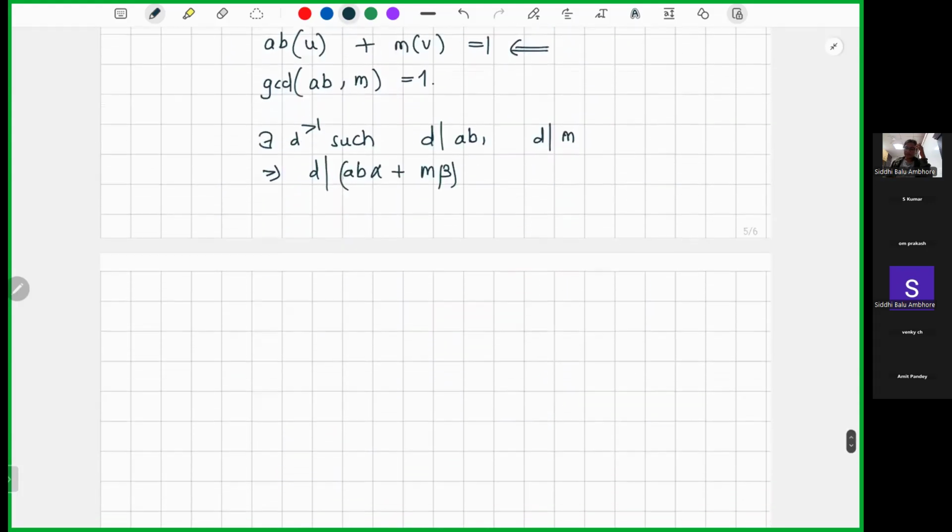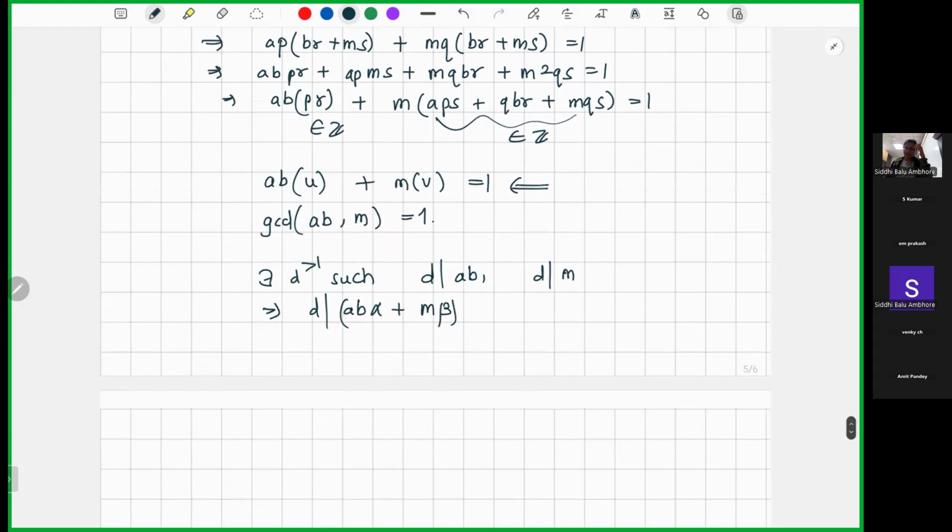If I have something of this kind, AB alpha plus M beta equal to some D, and if this D is not equal to 1, then we can't conclude that GCD of AB and M is D. Since it is 1, we got the expression equal to 1, that's why we can say that.